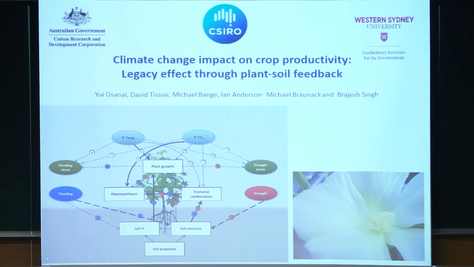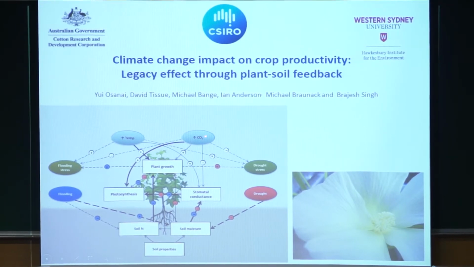So one thing that we then did is we looked at something called the legacy effect, and we looked at plant soil feedbacks. In order to give you some sort of sense, we have temperature and CO2, which have direct effects on plant growth. We have flooding stress and drought stress. So those can affect plant growth, but you also have flooding and drought impacts on soil moisture, soil nitrogen, and various soil processes.